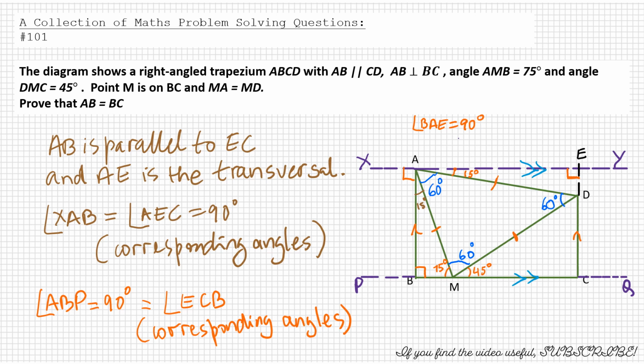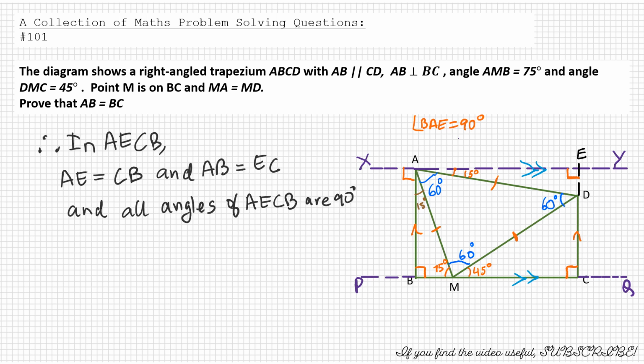Then angle ABP is also 90 degrees, and that equals angle ECB. So all four angles of the quadrilateral AECB are 90 degrees, so it's obviously a rectangle. Therefore in AECB, AE equals BC, and AB equals EC. All angles are 90 degrees.